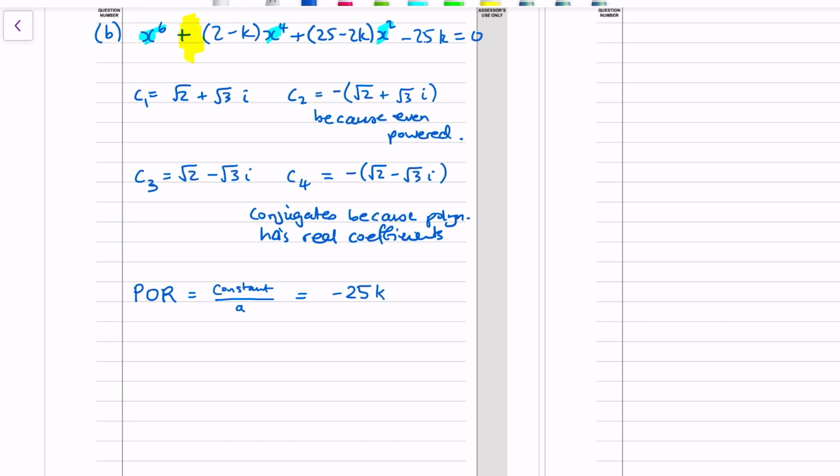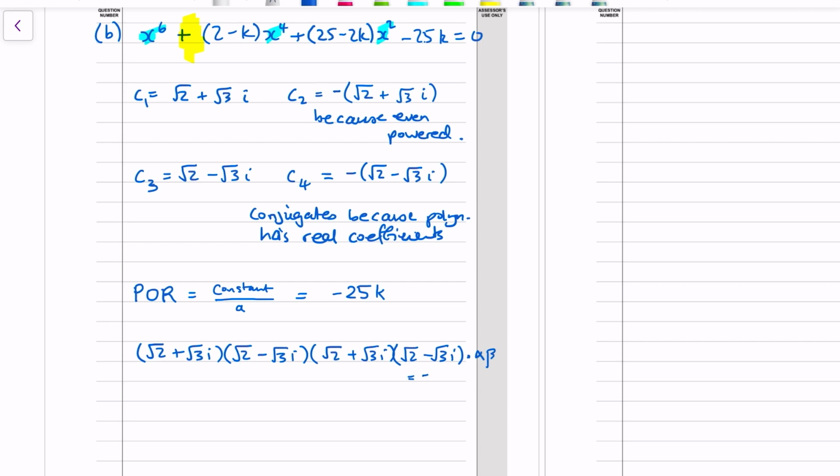Right, so if we take all of these solutions so far and multiply them together, root 2 plus root 3i times its conjugate times the other ones. Well, the other ones have got a minus and a minus, so I don't need to write them down. The minuses will multiply out to 1, times, I don't know what you want to call the other roots, alpha and beta.